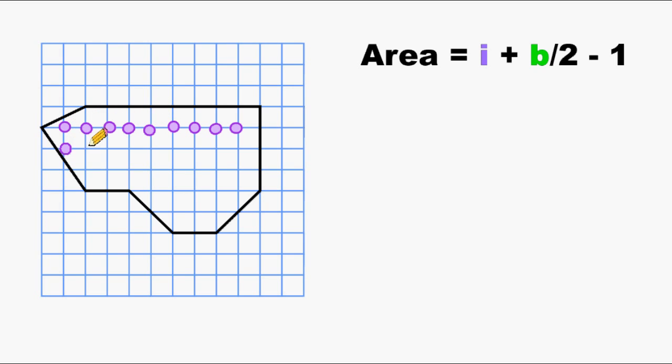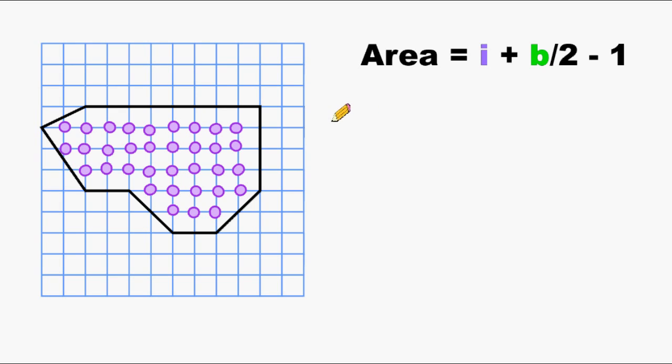Because this takes quite a while, I'm just going to speed this up so we can get a total of these points located on the inside of our polygon. Now that we have found all of the points within the boundaries of our polygon, let's count them.